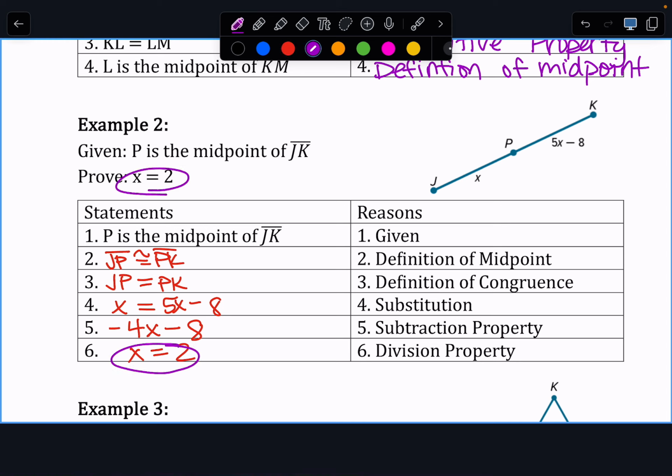Well, that's good. Okay. Now, I will tell you something. By the letter of the law, and I think this is more like what our textbook likes, we went from midpoint to congruent to equal.